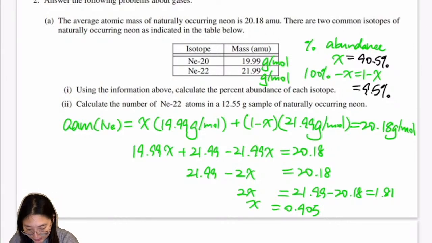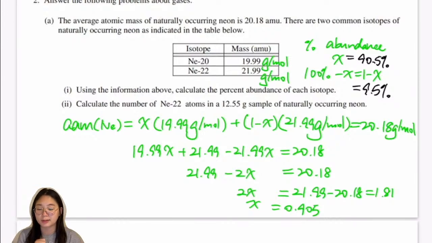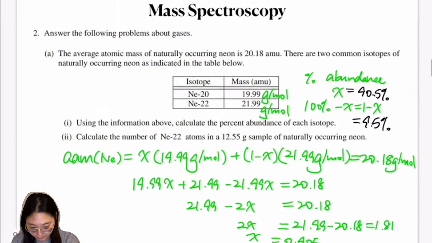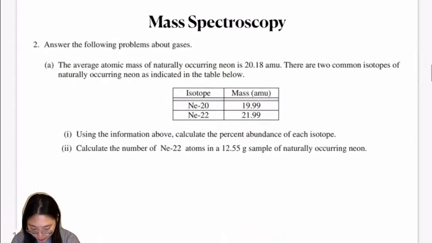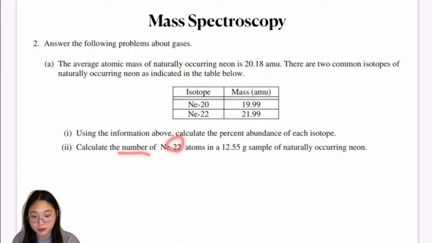And now let's take a look at number 2. Calculate the number of neon-22 atoms in a 12.55 gram sample of naturally occurring neon. The number of neon-22, well, it's not the moles, it's the number of particles.